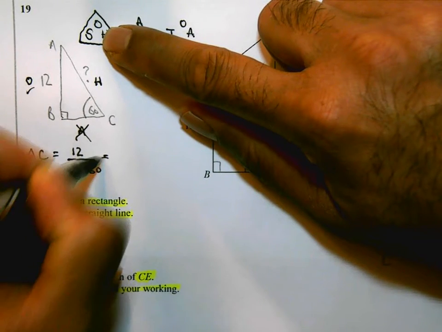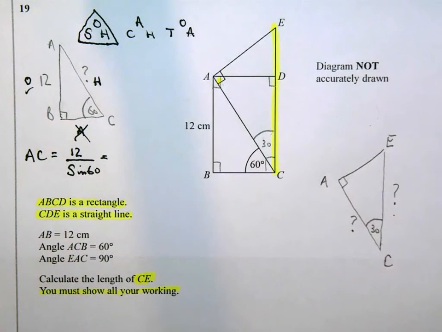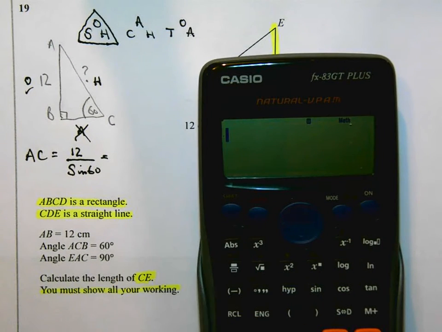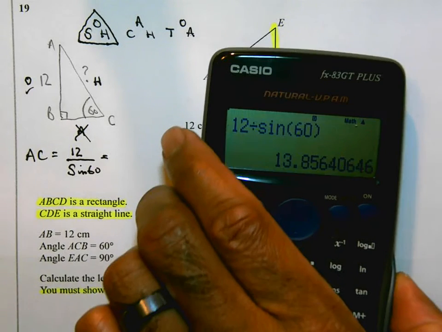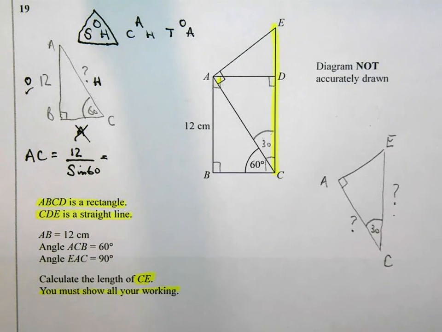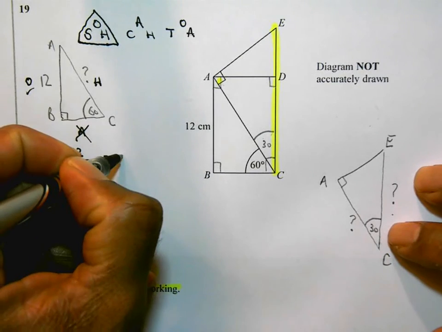That's what I need to work out using my calculator. Just get your calculator, and all we need to do is 12 divided by sine 60 equals, and I've got 8√3 there. I could turn that into a number form, but I need to use this number, and to save me having to write everything all over again, I'm going to just leave it as 8√3.